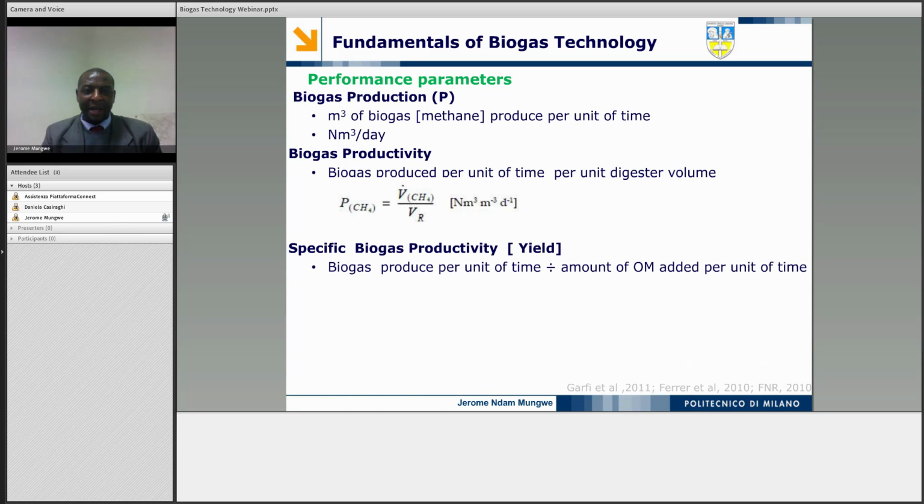Then the next parameter is the specific productivity. In some literature they talk of the biomethane yield, which measures the amount of biogas that is produced per unit time, per unit organic material that is fed into the digester.